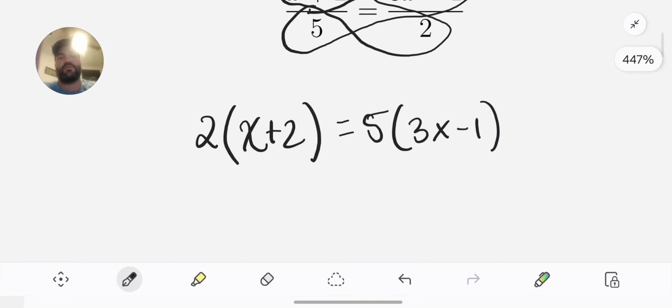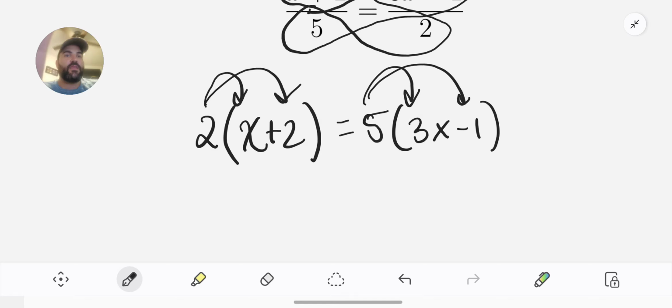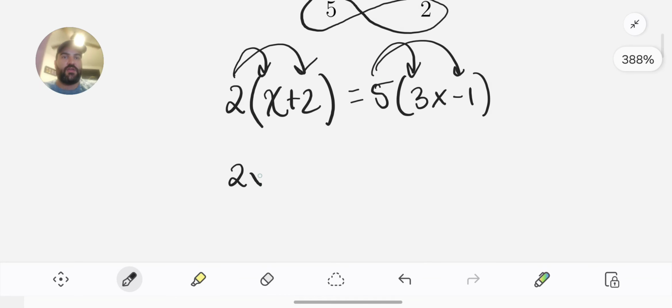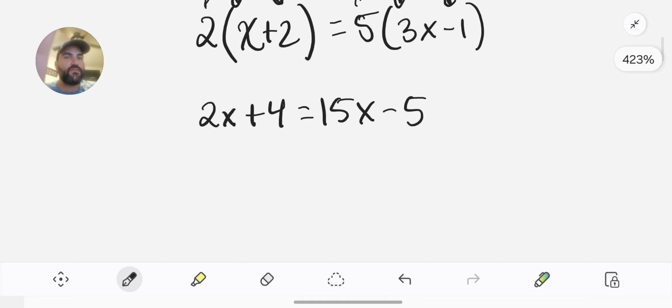From here, we're going to do what I call rainbows, distributive property. 2 times x, 2x, 2 times 2 plus 4 equals 5 times 3x, 15x, 5 times negative 1, negative 5.